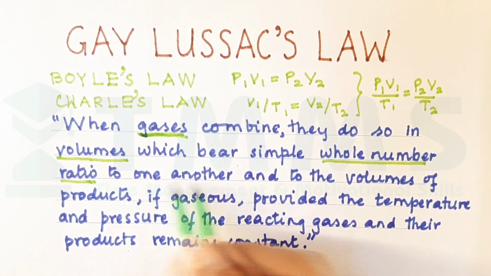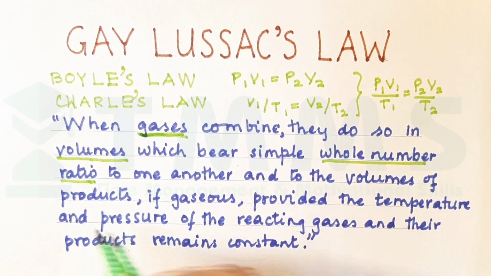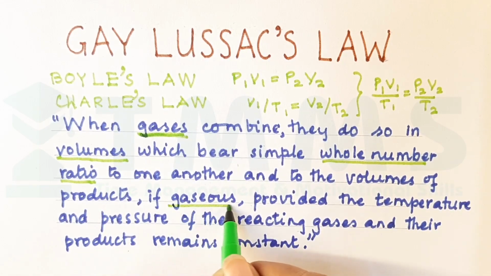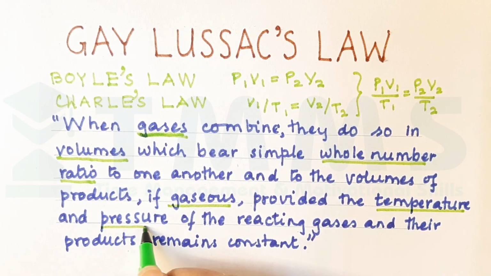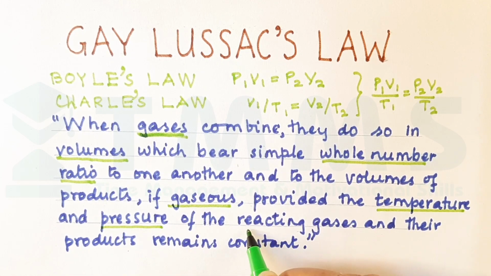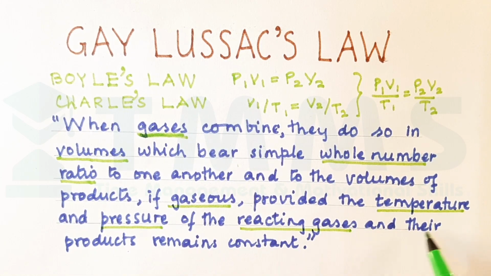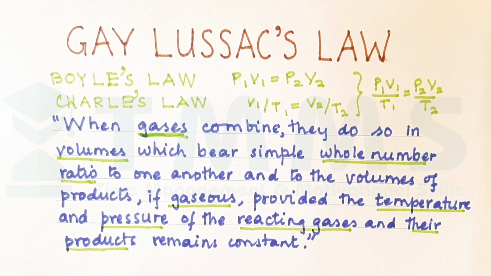To one another means the reactants, and to the volumes of products if gaseous. And provided, what is the condition? That the temperature and the pressure of what? The reacting gases and their products, if this is the same.